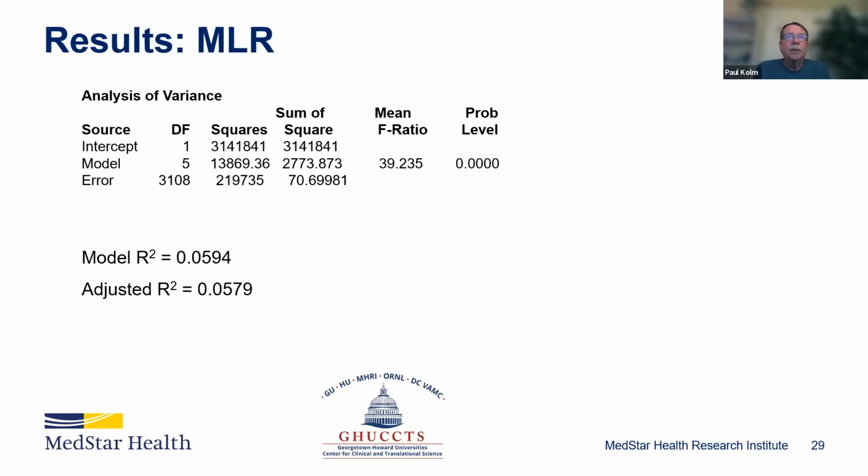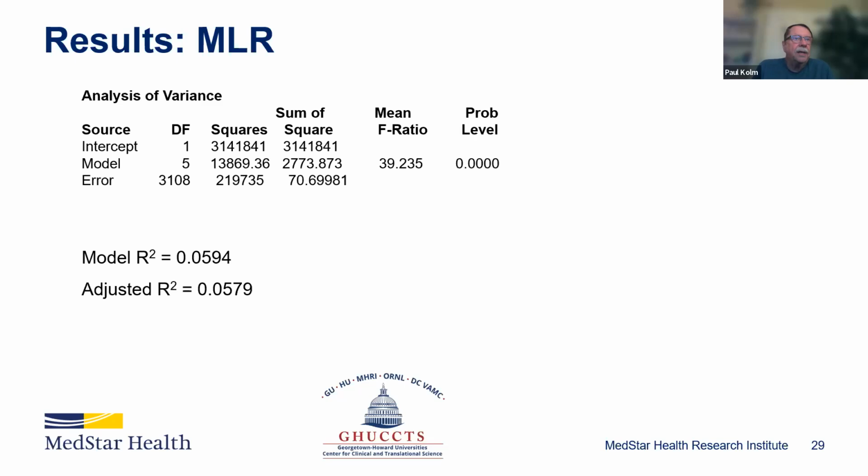Our overall model is statistically significant, but it turns out that for this model with those 5 predictors, our model R squared is the statistic we're really interested in, since BMI is a continuous variable. It's the percent of variance in the outcome that's accounted for by the predictors in the model.